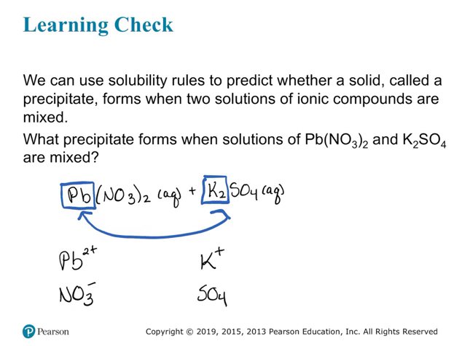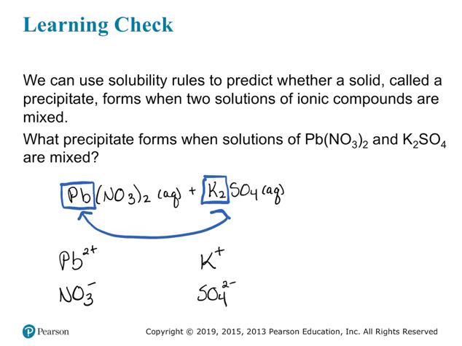Sulfate is one of our polyatomic ions, and it always has a 2- charge. You could have also figured that out from the fact that we have two potassium ions in our compound, so that's a total of 2+. So sulfate must be 2- as a result.